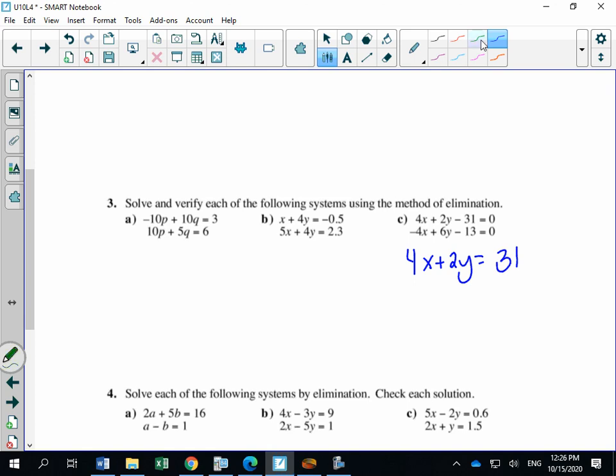And the second system, because I just added 31 to both sides, the second system would be negative 4x plus 6y is equal to 13. There's your two systems. You should be able to see that the x's are going to eliminate. You just have to figure out, do you add or do you subtract to get those x's to eliminate? Okay, everybody's good with that?